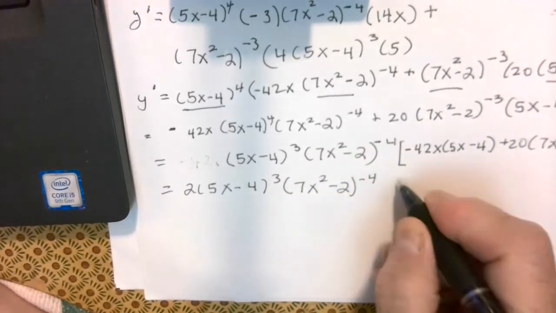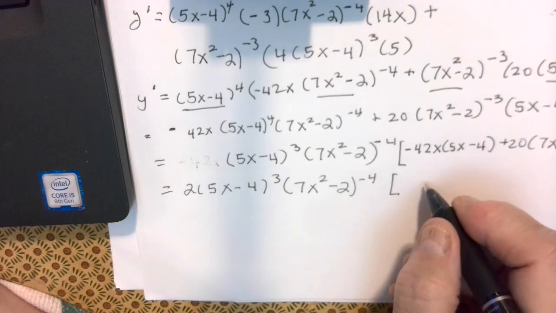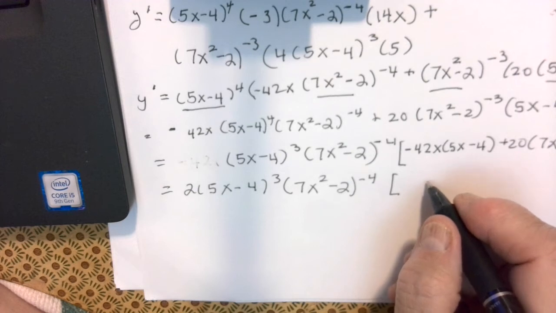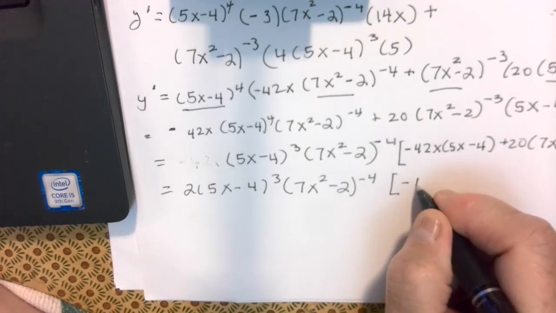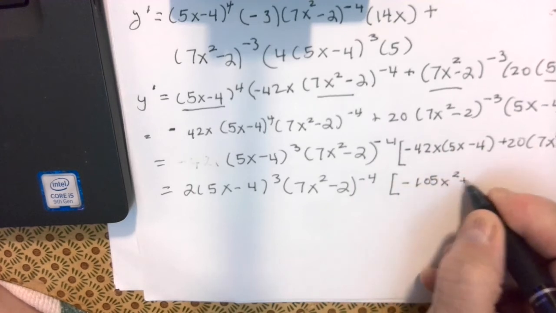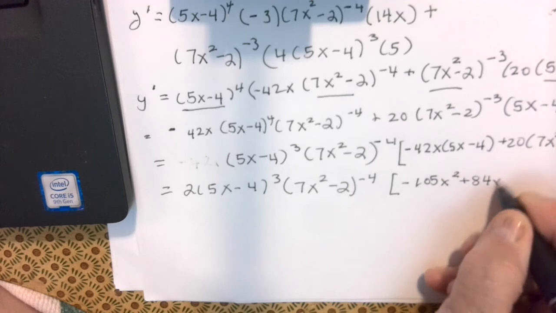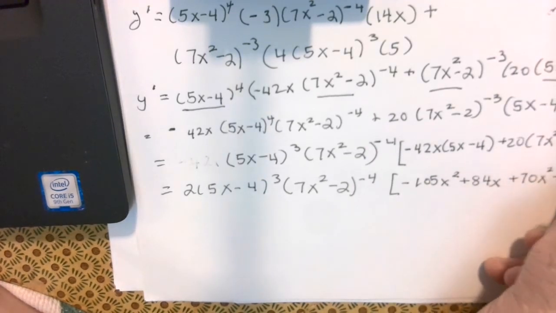And then what we've got left, if we do the multiplication, I think I get a minus 105x squared plus 84x plus 70x squared minus 20.